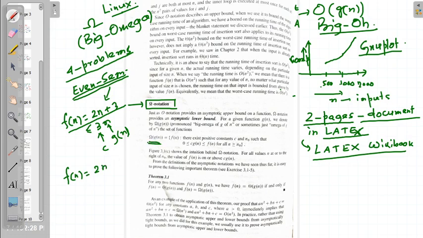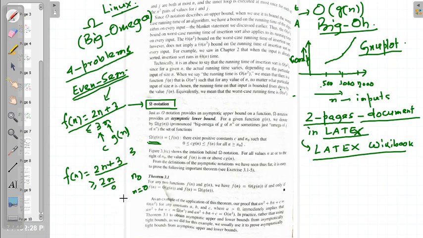So 2n plus 3, I can also write that this is greater than or equal to 2n. For some n naught, for n greater than or equal to n naught, it will be true. If I put n equal to 0, this side comes to 3 and this side comes to 0.